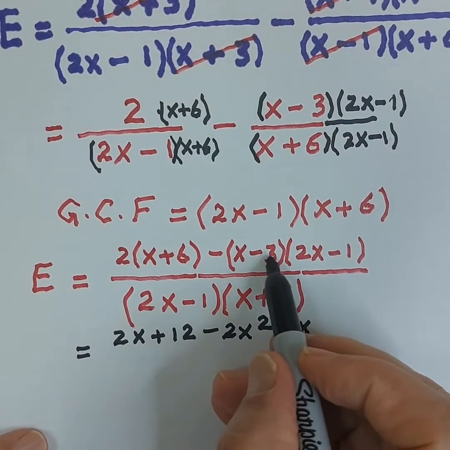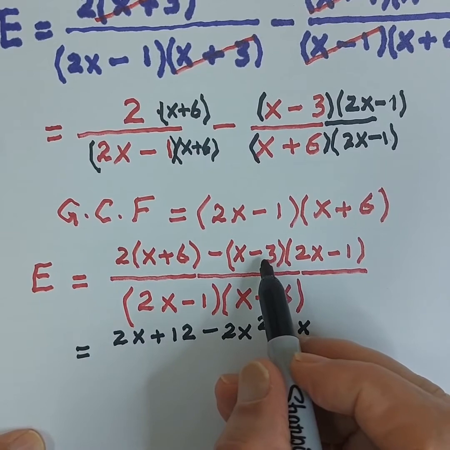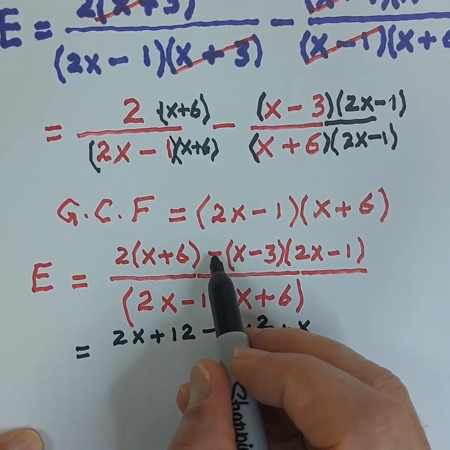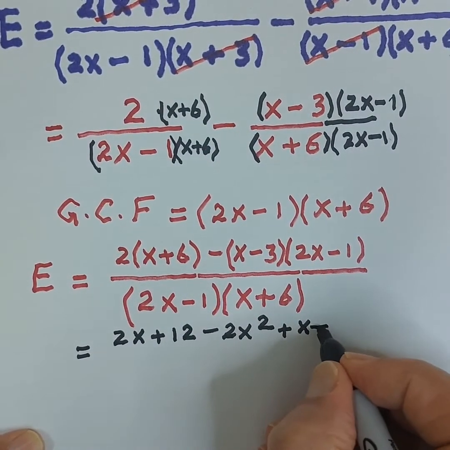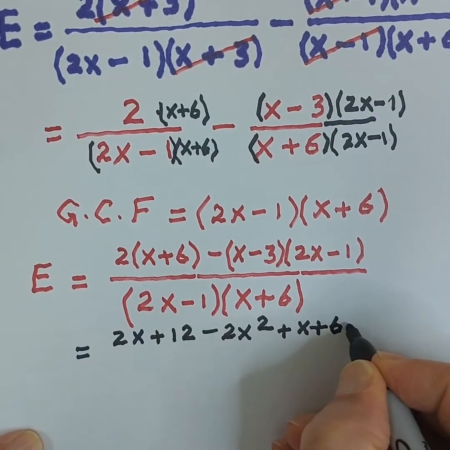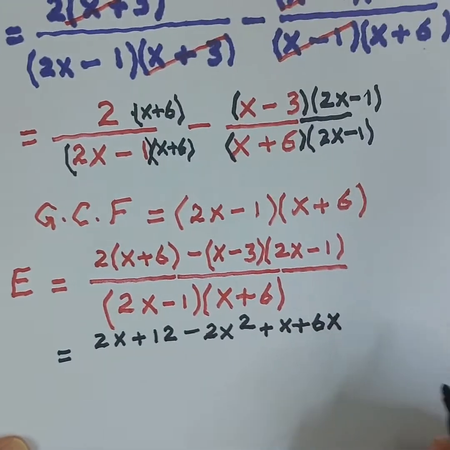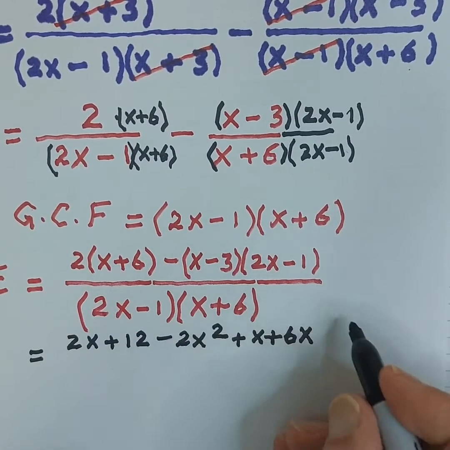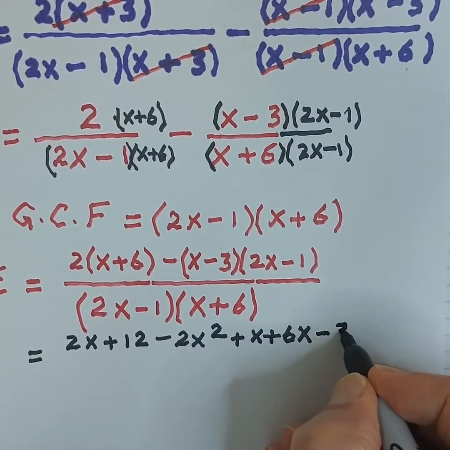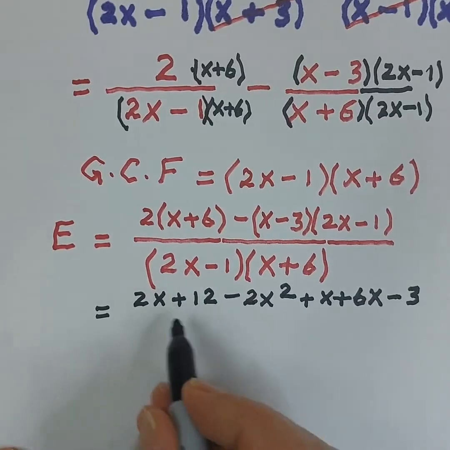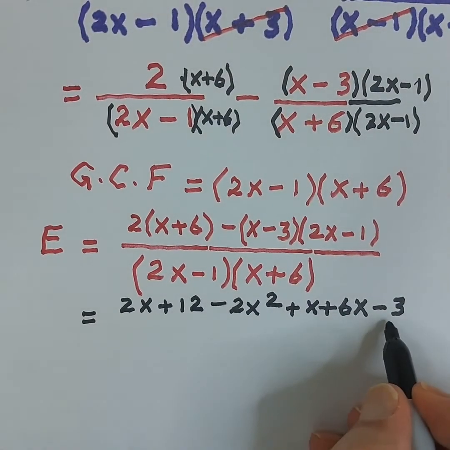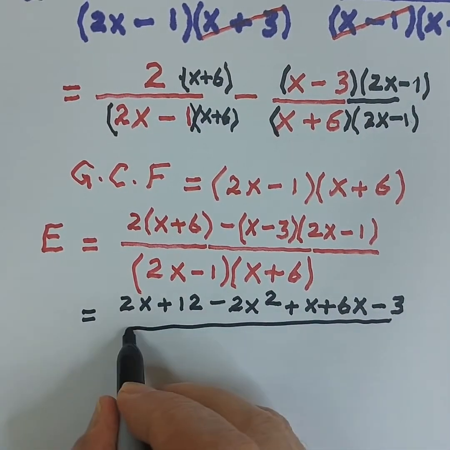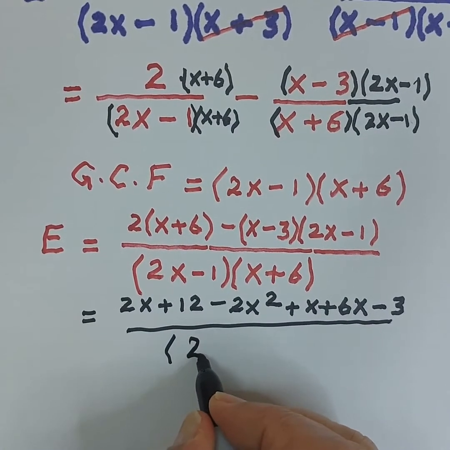Again, minus 3 multiplied by 2x, that means minus 6x, and it's minus here, so it will be plus 6x. And positive 3 by minus 1, that means minus 3, and here is minus, so it will be plus 3. These are all the terms of the numerator, and the denominator will be rewritten as it is.